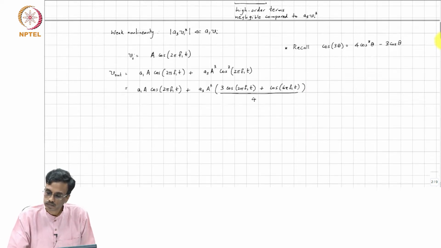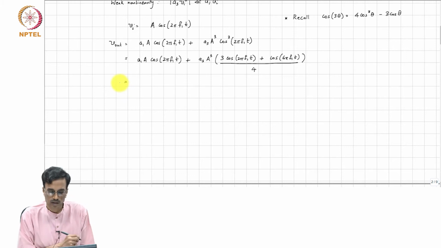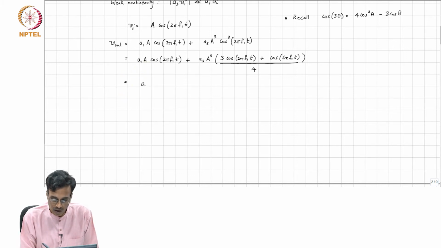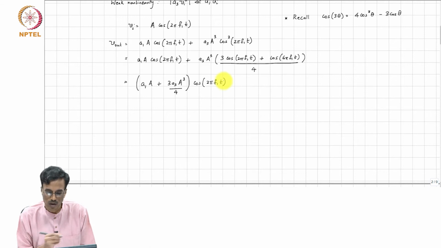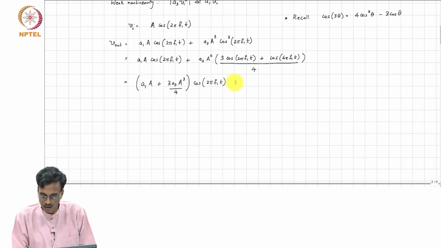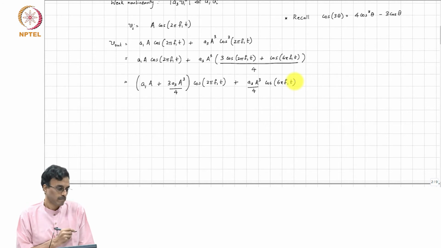All right. And so, this is nothing but A 1 A plus 3 A 3 A cube by 4 times cos 2 pi f 1 t plus A 3 A cube by 4 cos 6 pi f 1 t, right.